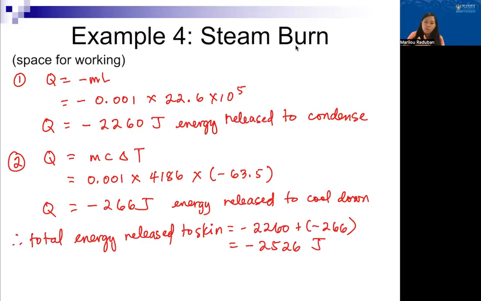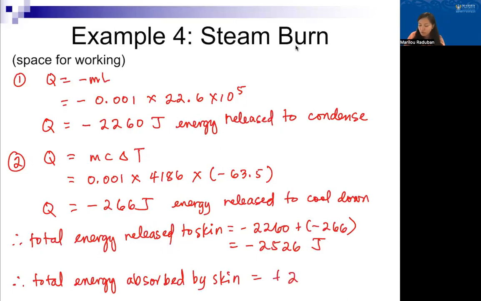First, the steam had to condense, releasing this much energy, and then the condensed water needed to cool down, releasing this much energy. So the total energy absorbed by the skin is just the positive number of the energy released by the steam.